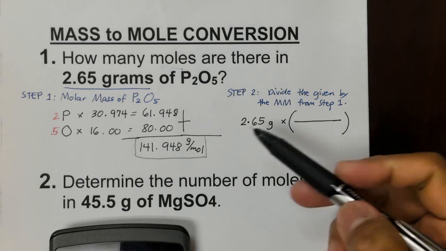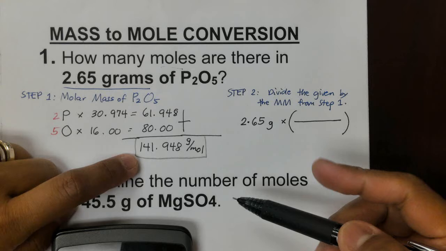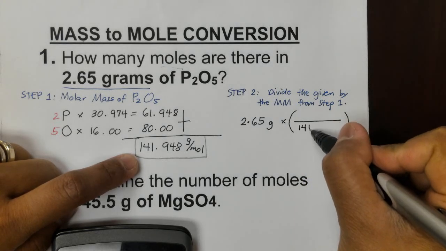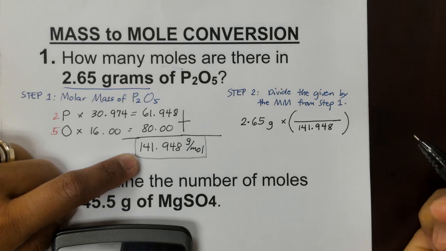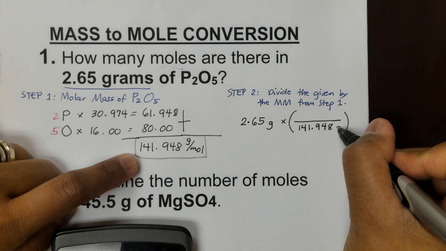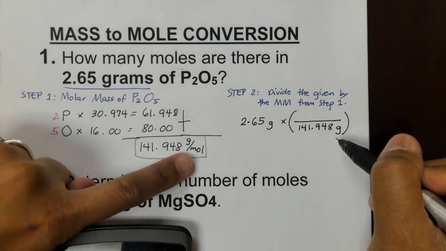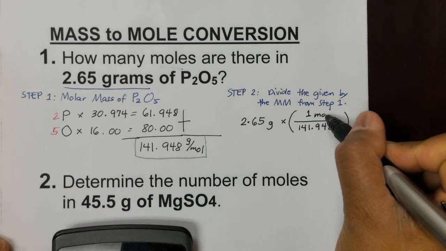This time, we know that we need to divide. So therefore, this value that is 141.948 has to be placed in the denominator. So we'll place that there, 141.948. The grams should be accompanying that value. And the per mole here, the 1 mole, will now be placed on top.